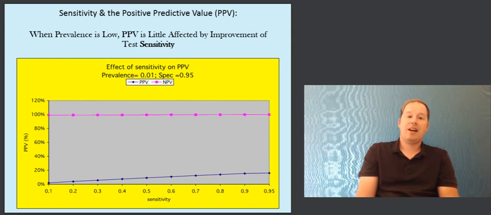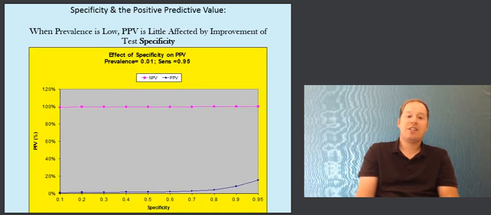At best, even when the test is very sensitive and has a 0.95 accuracy on the far right side of the bottom axis, the PPV is only 20%, even when the test is extremely accurate.